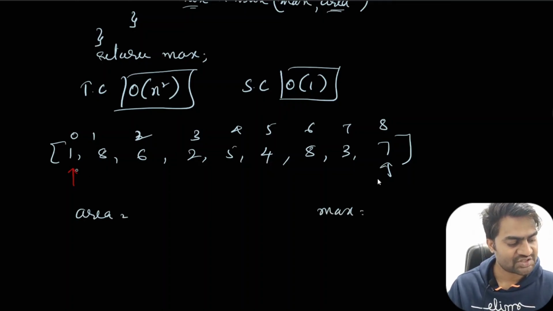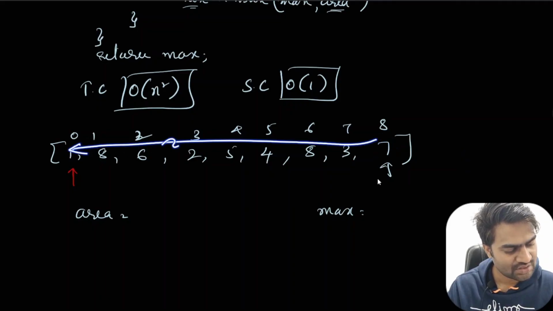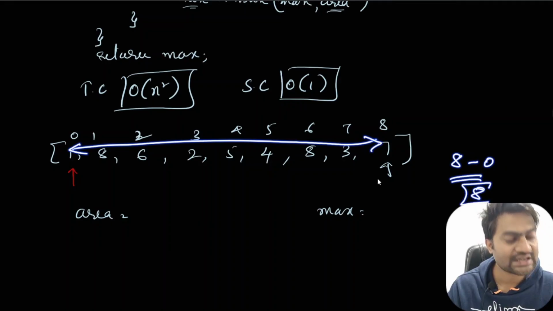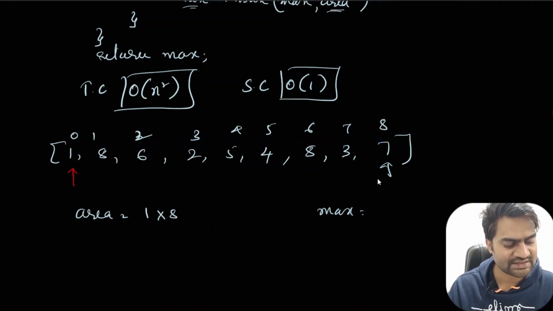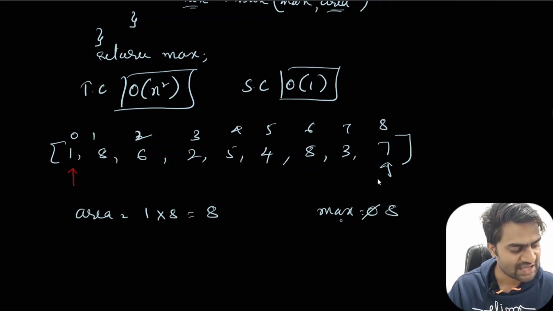If you check the area, the minimum out of 1 and 7 is 1. What is the distance between these two? It is 8 minus 0, so 8. Minimum value 1 into distance 8, so the area is 8. Since max is 0, I will update it with 8. At this point, my max value is 8.